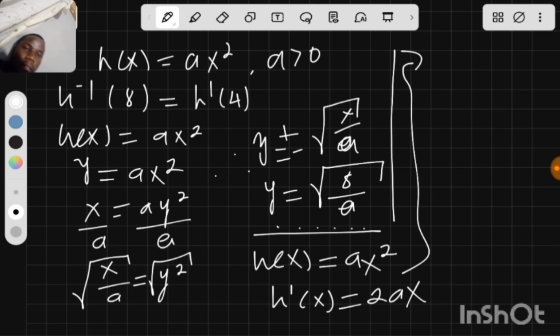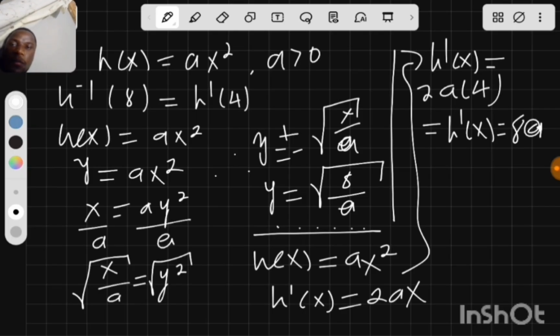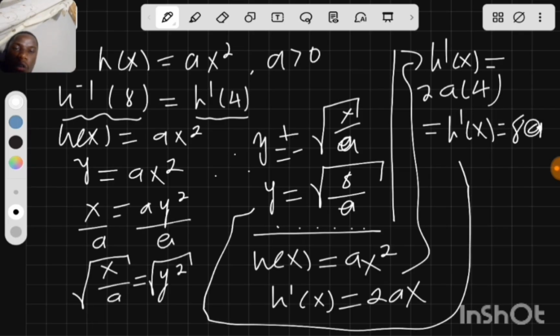We're going to have h prime of 4, which is equal to 2a times 4, which gives h prime of 4 equal to 8a. But remember, they said the inverse of 8 and h prime of 4 are equal. So we can equate these two.